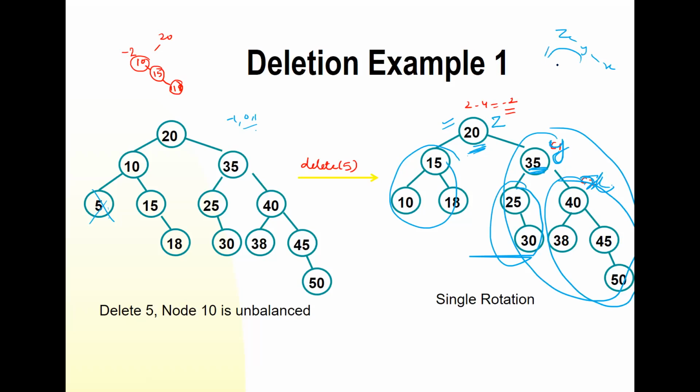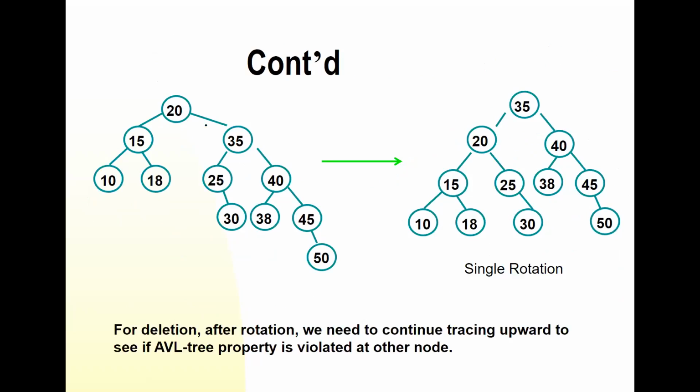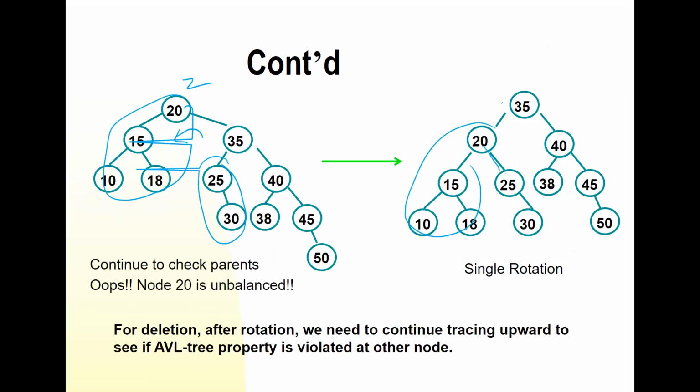You have to perform left rotation about z. So a left single rotation about z, that means left rotation about 20, the z node, will lead to this structure. 35 will come at the upper end, 20 will go towards the right, and the left of 35 will be taken care of by the right of 20. This is a single rotation which has been performed.